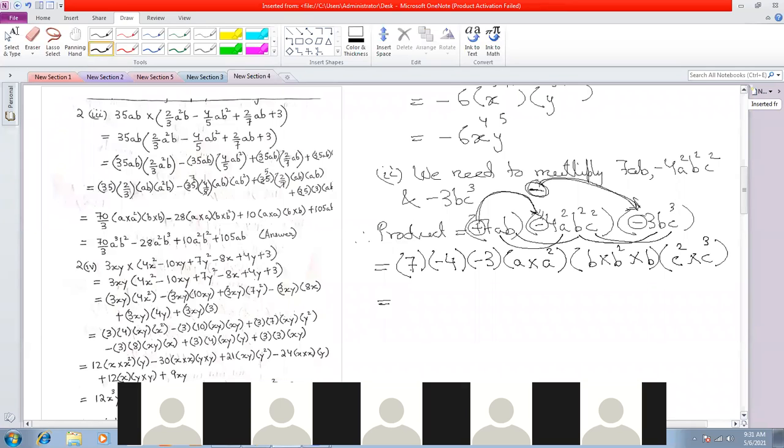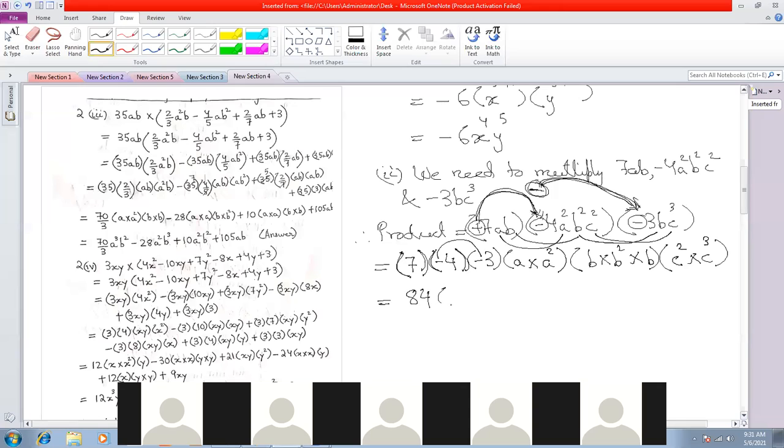Now you can multiply these three, 7 into 4 into minus 3. So these two minuses will combine to give you a plus sign. And 7 into 4 is 28, and 28 into 3 is how much? I think 84. So plus 84. You understood? Either you can multiply the signs here, or you can take these coefficients with their signs, and you can multiply the signs here. Okay.